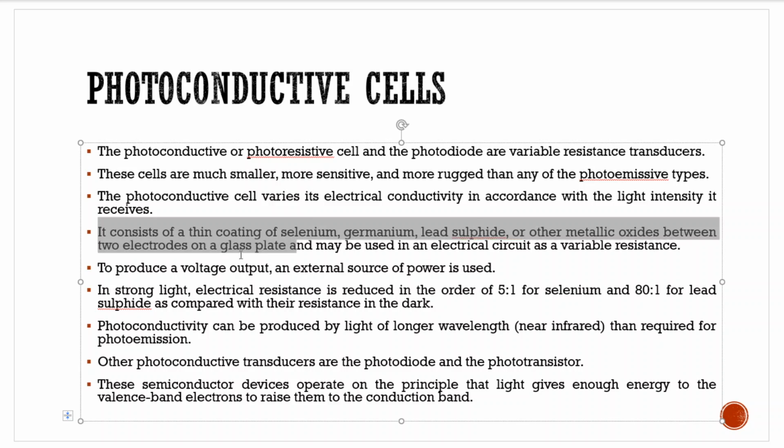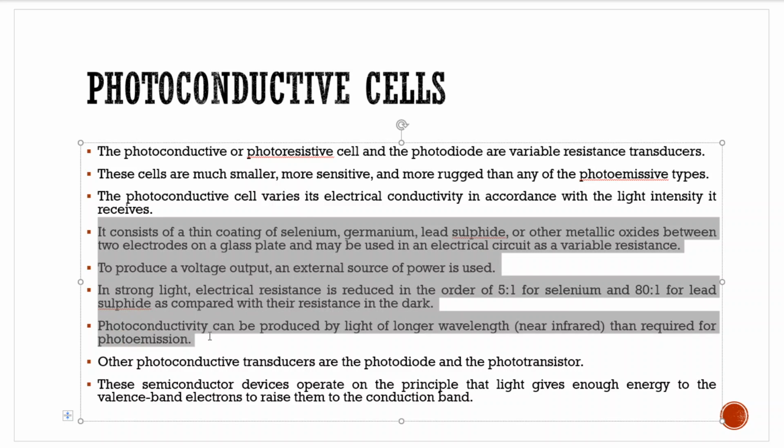We have to maintain a ratio of 5:1 and 8:1 for lead sulfide and selenium respectively, as compared with their resistance in the dark.